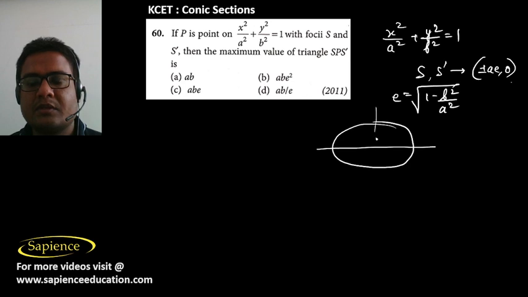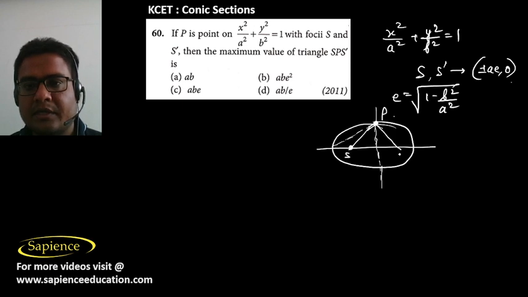It means that when the point P is on the minor axis, then only the area of the triangle SPS dash will be maximum.